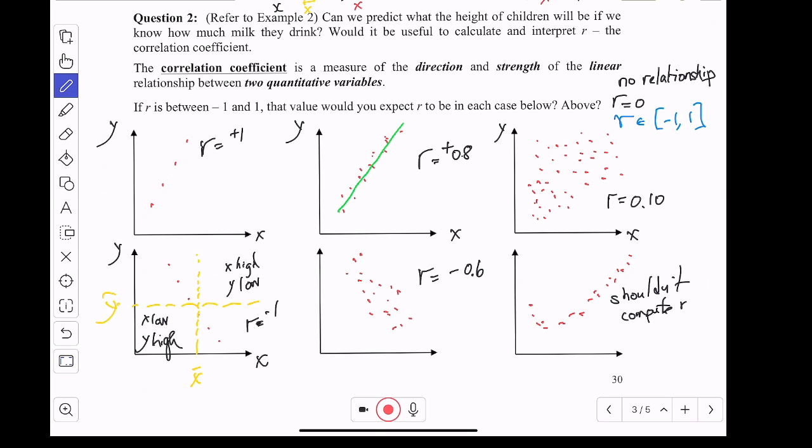This is a non-linear relationship. If you did compute R, you'd see it would show you R is close to 0, but that's not exactly the right way to use R. Comments?